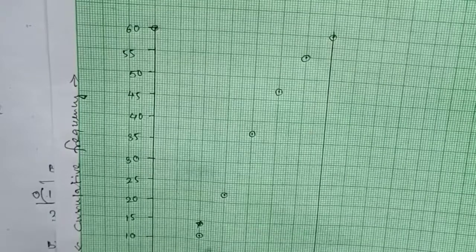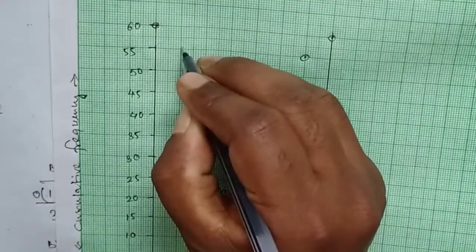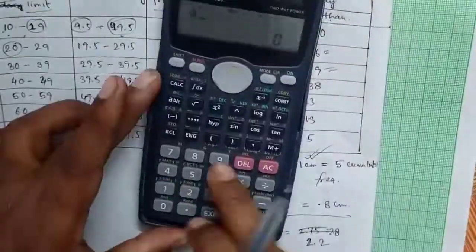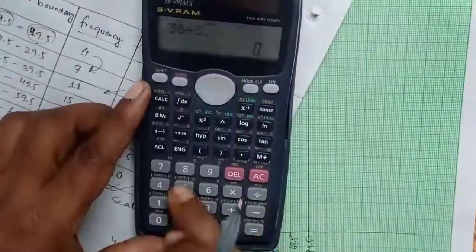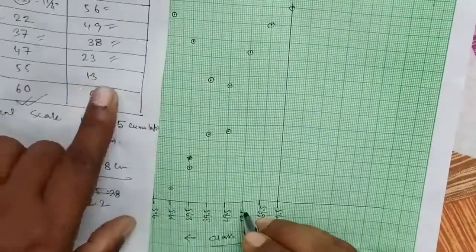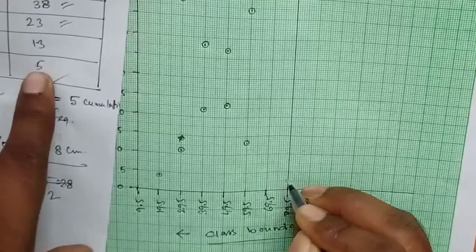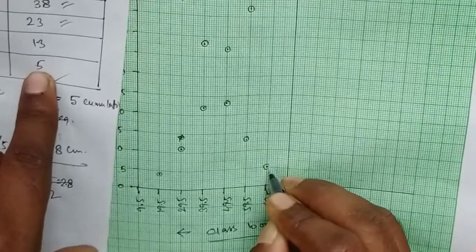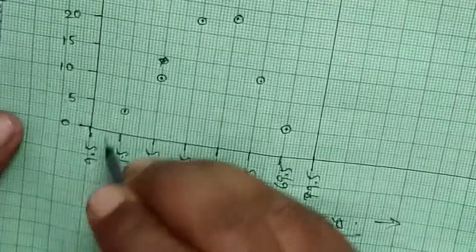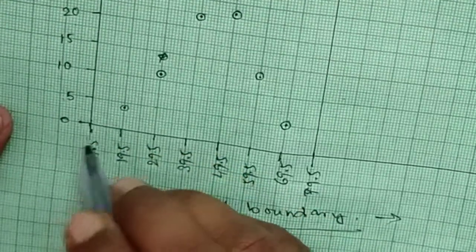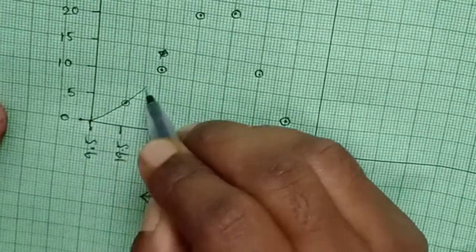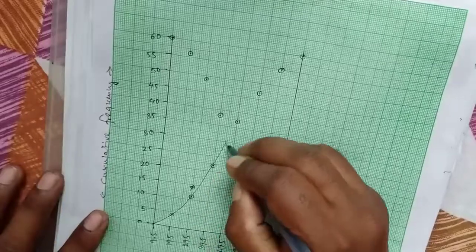Then 56 means 11.2, and put all the points according to the scale. And then in the last, sorry, 5, that means 1, and then join all the points by hand very smoothly.